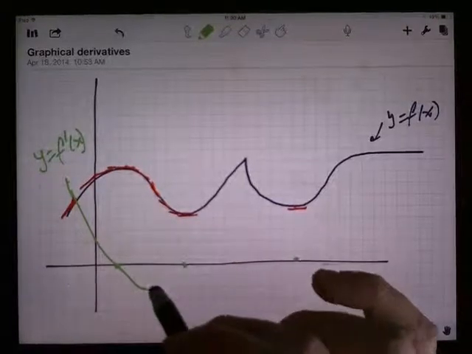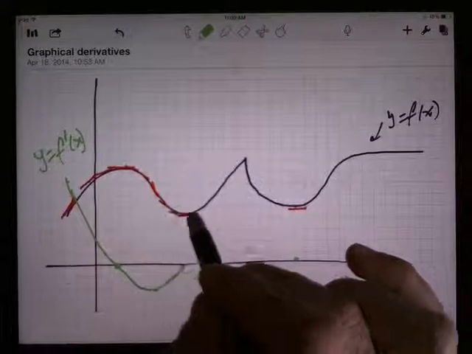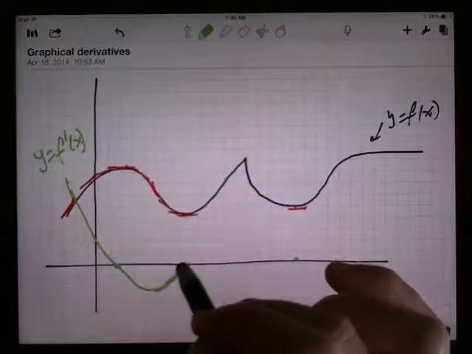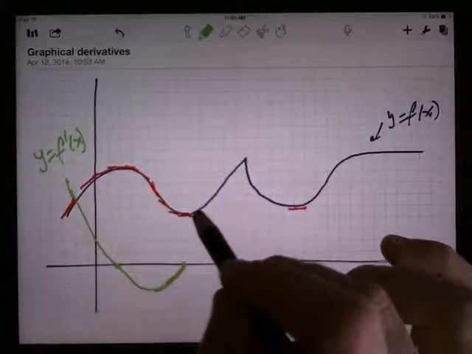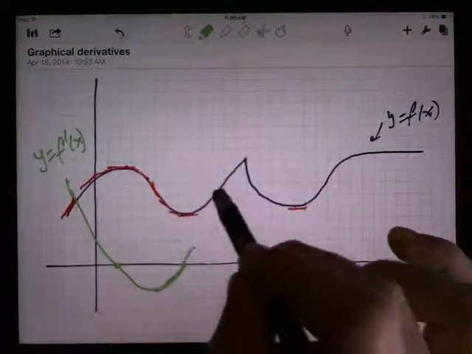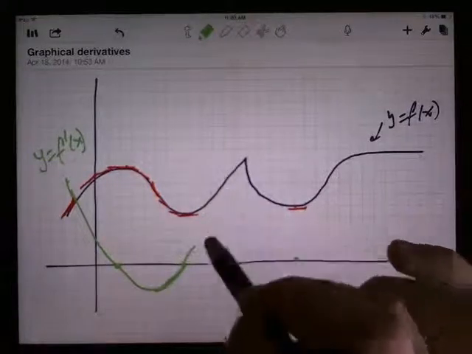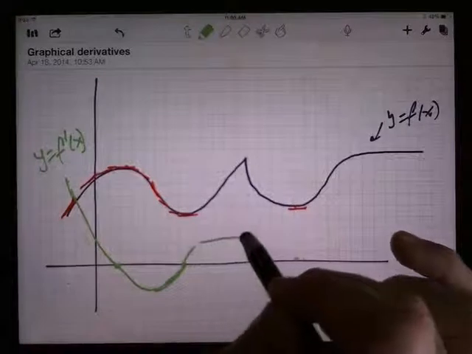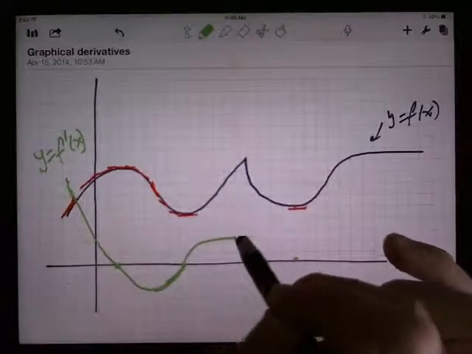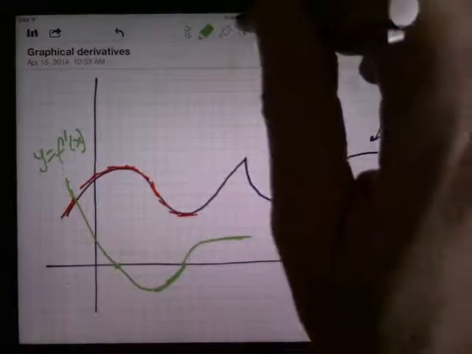And now I'm going to come back to close to 0. These slopes are getting close to 0 again, so the y values come up close to 0. Then they get a little bit positive. And actually, it looks to me like through here I've got a pretty constant slope. It's leveling off.